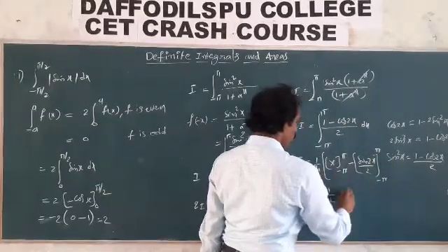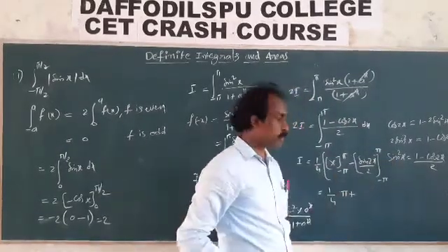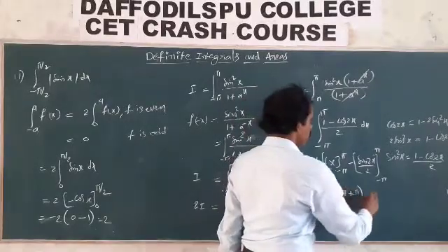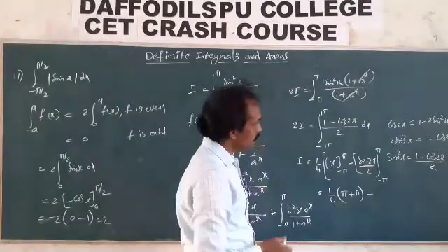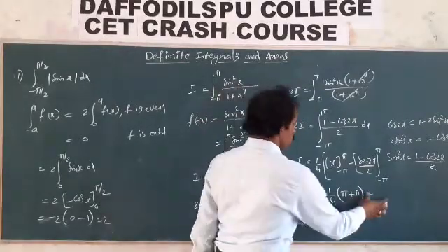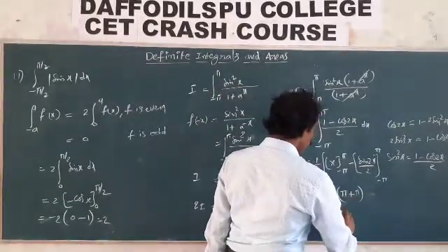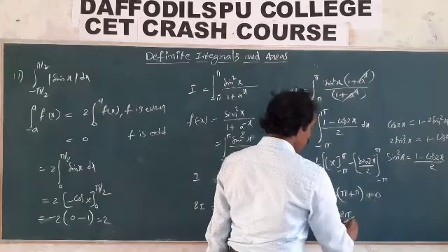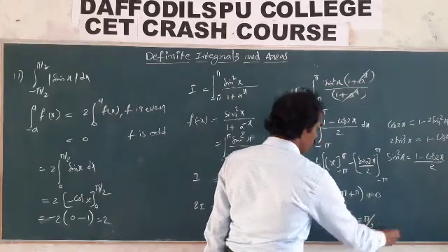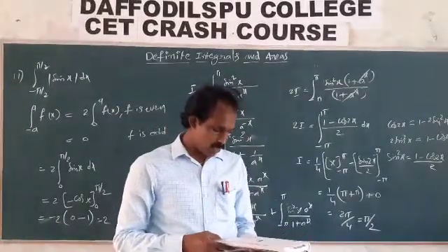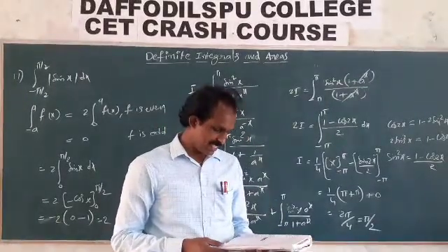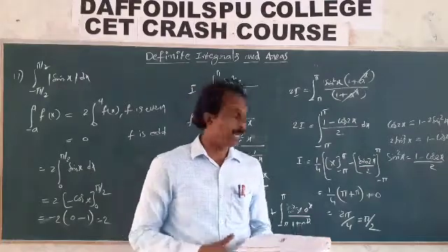Therefore 1 by 4 times pi minus minus pi, and sin pi is 0, sin of minus pi is also 0. Therefore this value is equal to 2 pi by 4. The answer is pi by 2. So the second option is the correct answer.